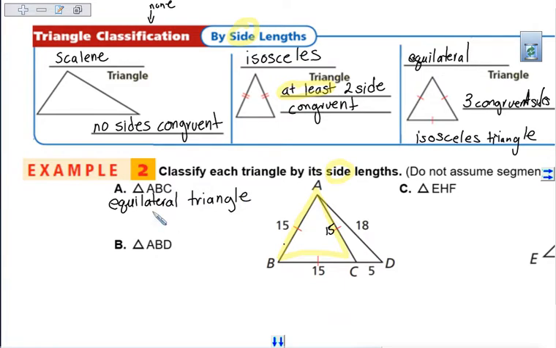It also has at least two sides congruent, so this is also an isosceles triangle. Yes, both of those need to be put down anytime you have an equilateral triangle, because they both answer the question.